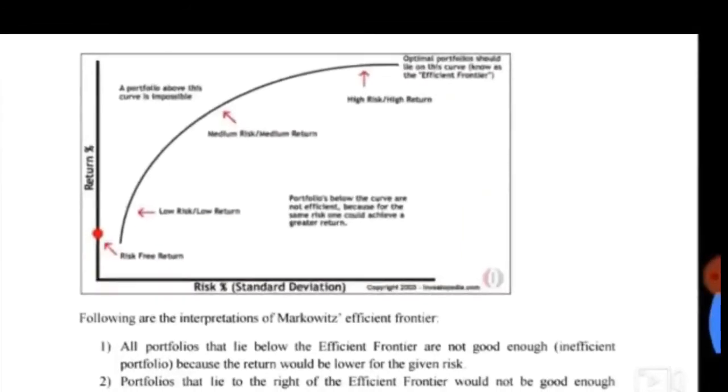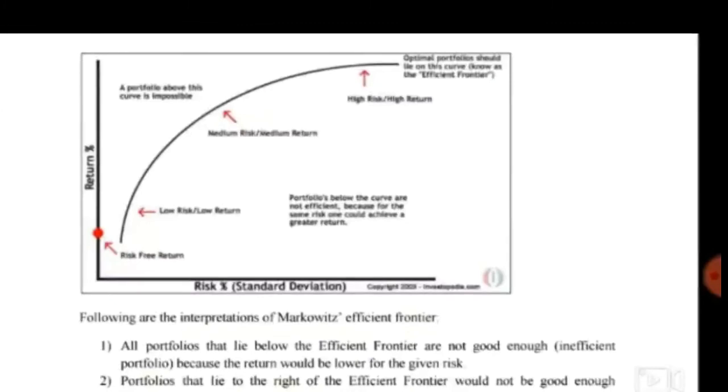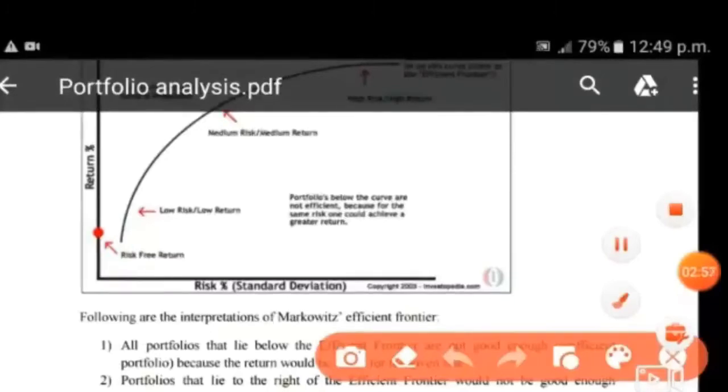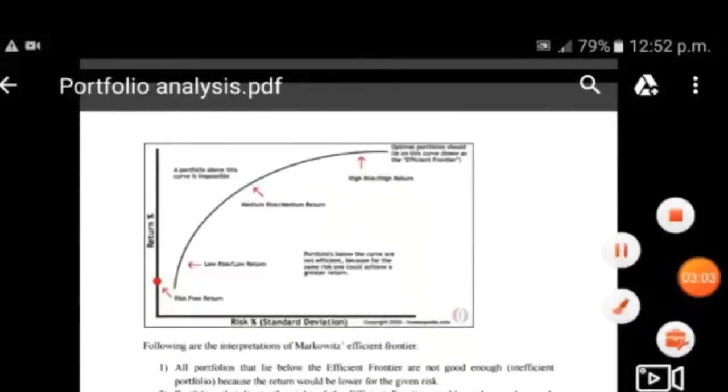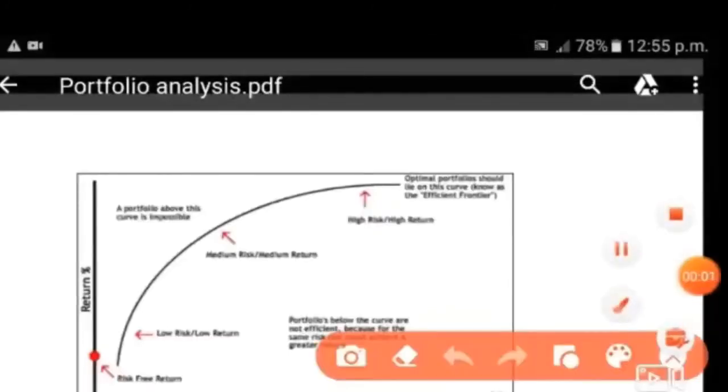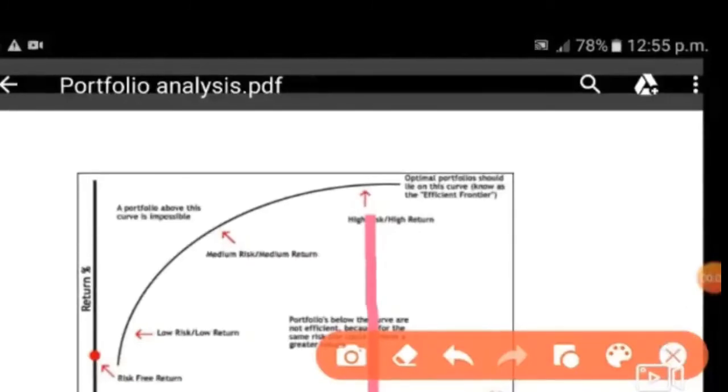All portfolios that lie below the efficient frontier are not good enough because the return would be lower for the given risk. That is, they are talking about this portion, where the risk is more and the return is less.